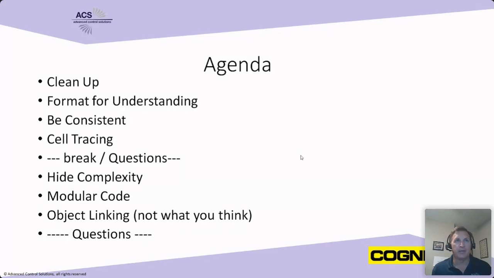We'll take about 10 minutes for a break, come back, and answer some questions. We'll talk about how to clean up the code and keep the complexity hidden, so it's not out there confusing people, and how to keep things modular and linking things together so you don't basically go crazy when you're trying to write code.